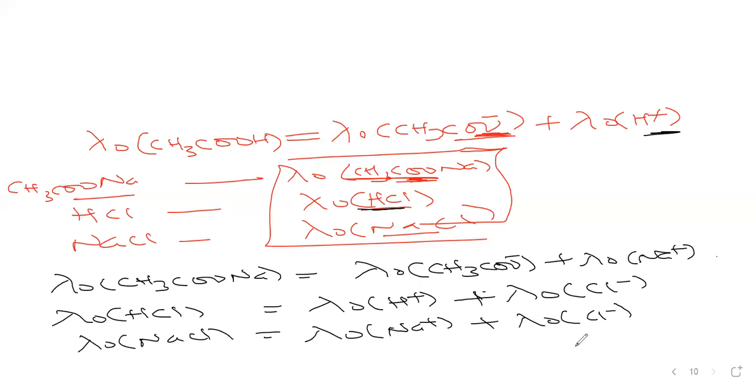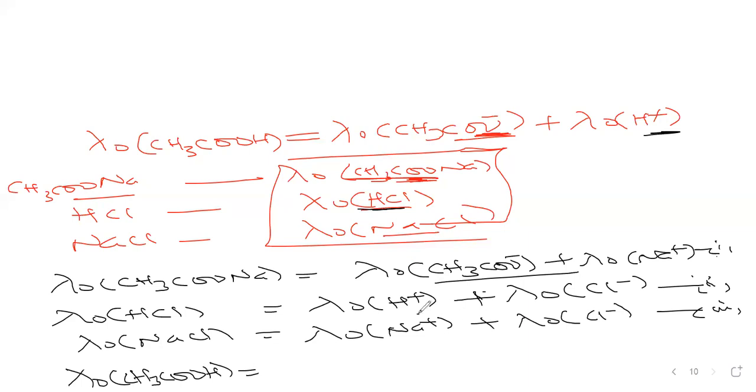Now, if I want that of ethanoic acid, I obtain it by adding this equation to this one and subtracting off the third one. So the molar conductivity at infinite dilution of ethanoic acid will equal this one added to this one, and then subtracting off this one.